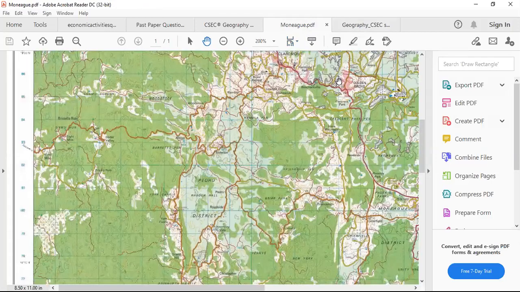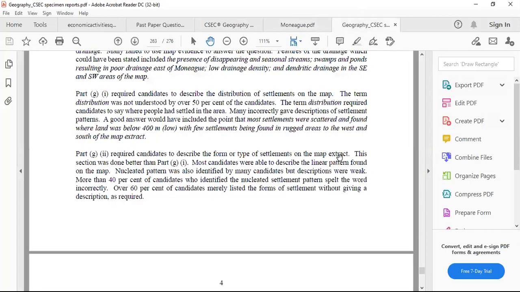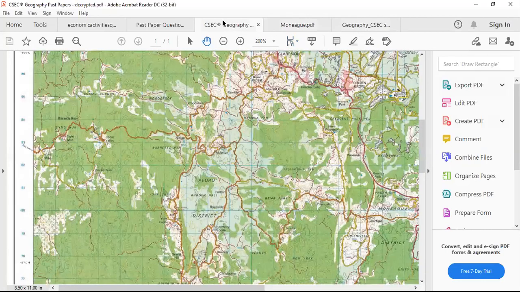So nucleated is clustering around the Golden Grove area, the Claremont area, where you have the clustering of the settlements together. Remember, linear, you see along the main and minor roads and footpaths. Isolated, make sure you describe it and you give a proper definition. Is that cool?